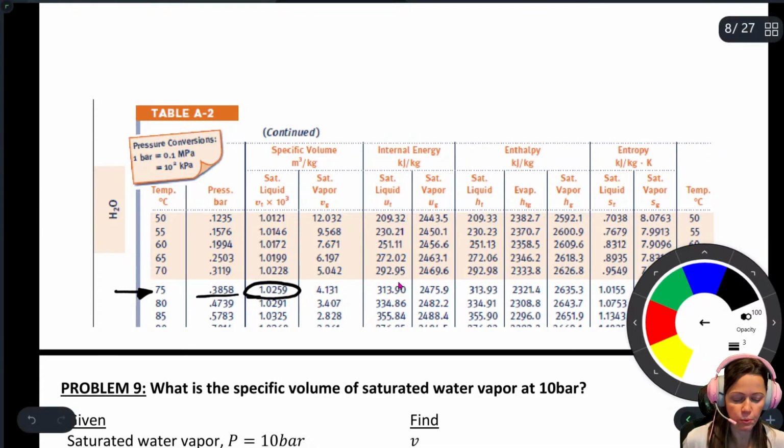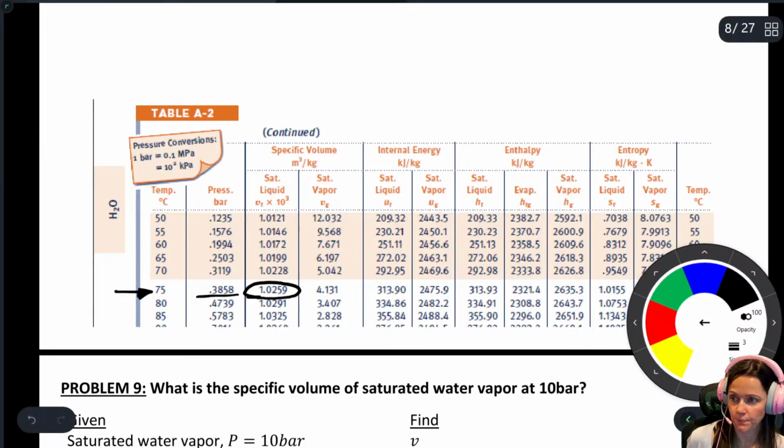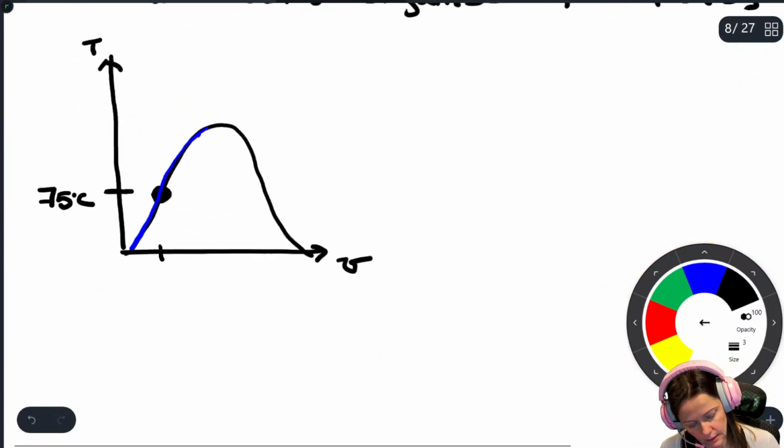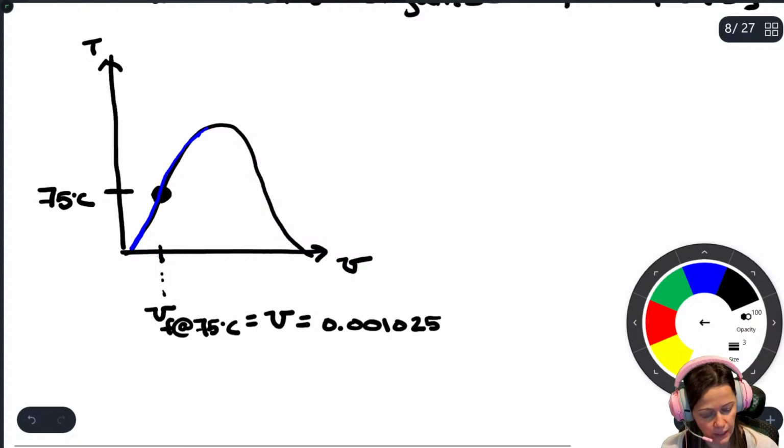And it's not 1.0259, it's 0.001029. Okay, let's write that. So our V sub F at 75 degrees Celsius, that's the specific volume that we're looking for, and it's 0.0010259 meters cubed per kilogram.